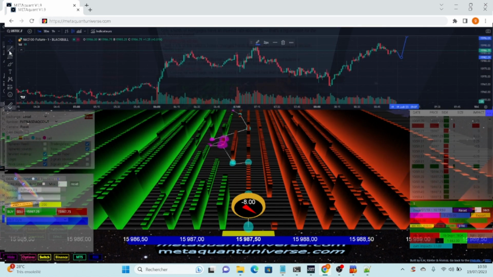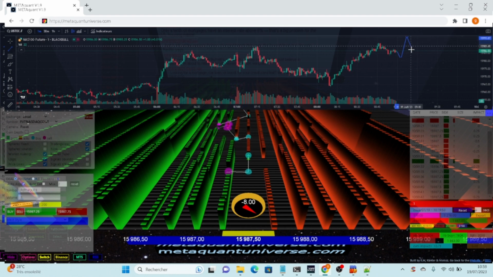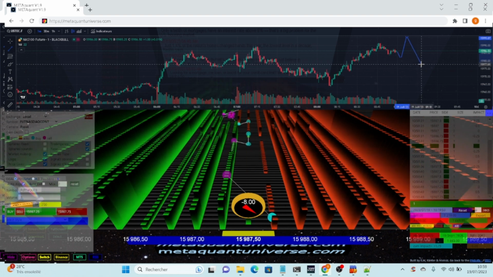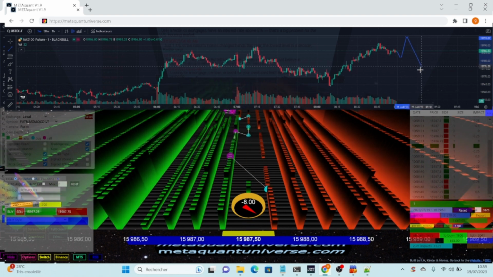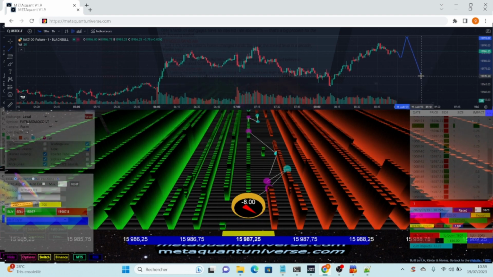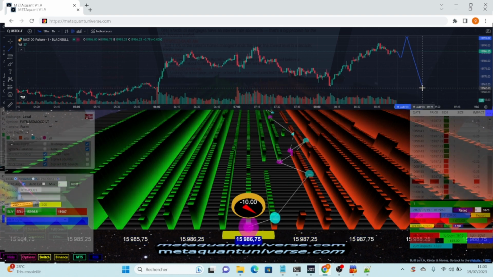Then we could see stuff like this. We have this level. We have this level too. This one. This price area is good. Or this one, or this one.